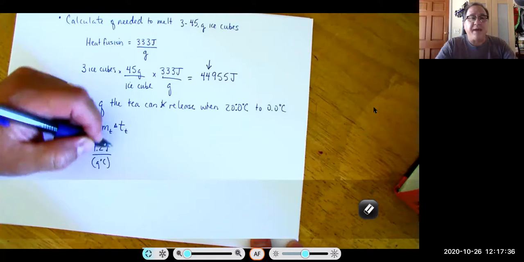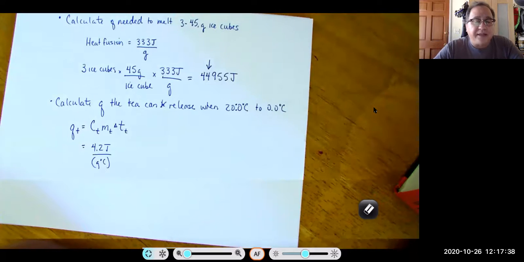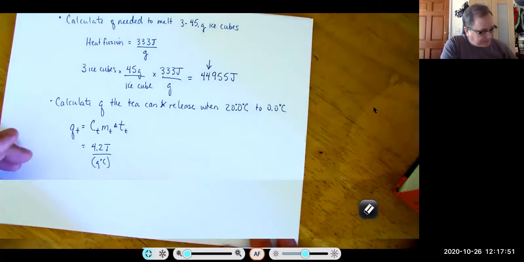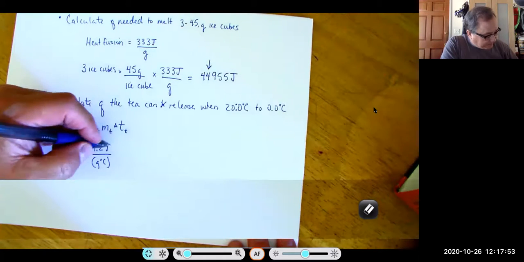Now, they don't give us the mass of the tea, so we're going to have to make an assumption. What is the density of water? It's 1 gram per milliliter, approximately. Good to 2 sig figs. So what do we think the density of the tea is? Should be the same.